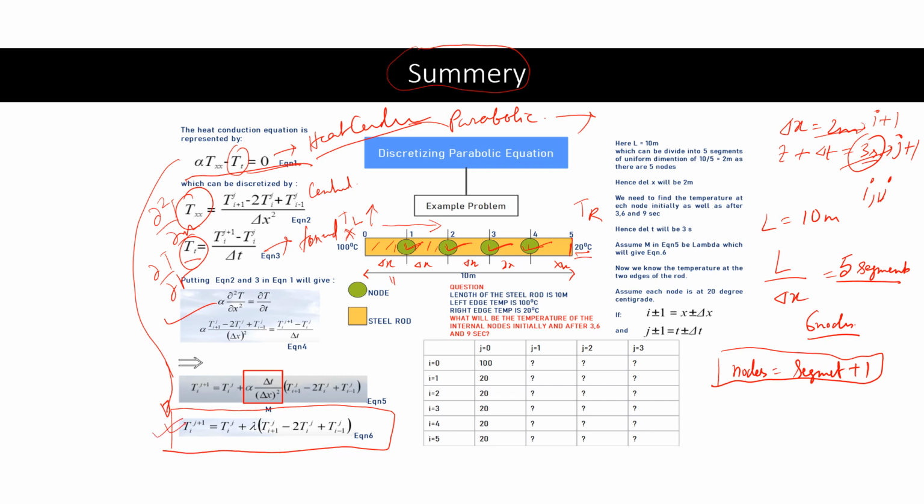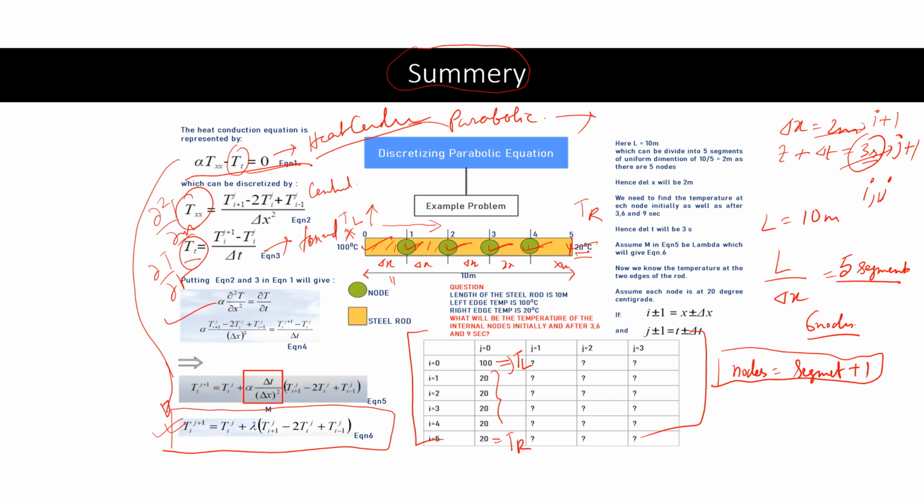So now our problem is this, right? I know the temperature at i equal to 0 to 5 at the initial time scale. I know only the edge temperatures, the left edge and the right edge. These two are known.